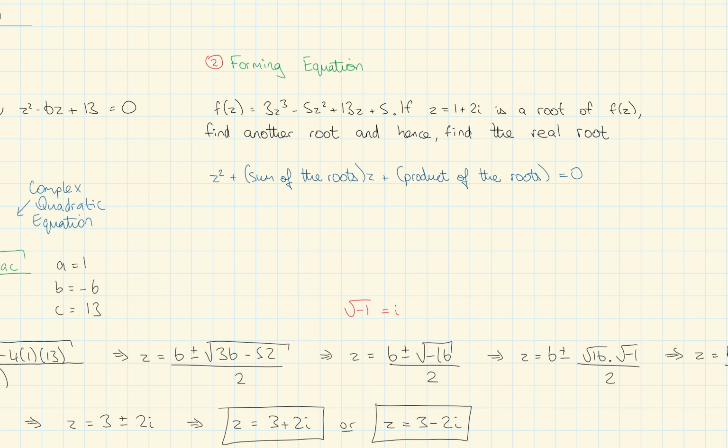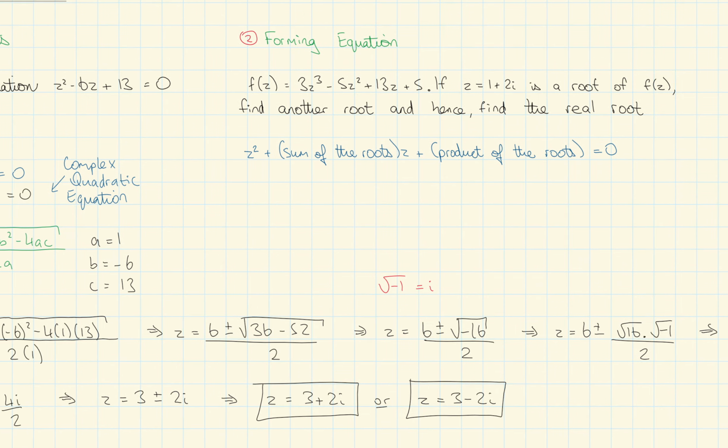And also because we have the conjugate pairs, if I'm dealing with a quadratic equation and they give me one root, then I am able to find my other root by finding the conjugate. If they give me a cubic like they've done here, if I am given one complex root, I can find my other complex root, but then we have to use the conjugate theorem to find the equation itself.